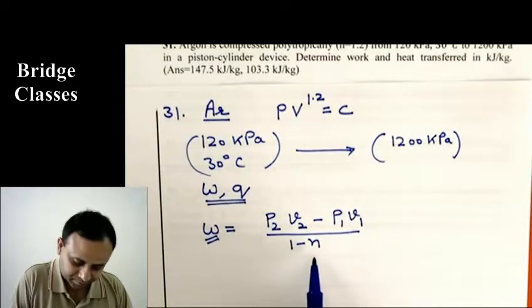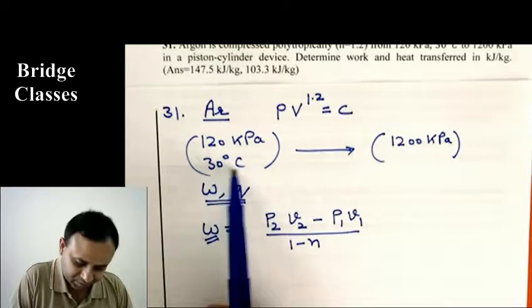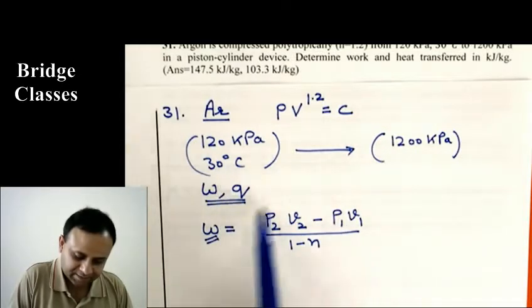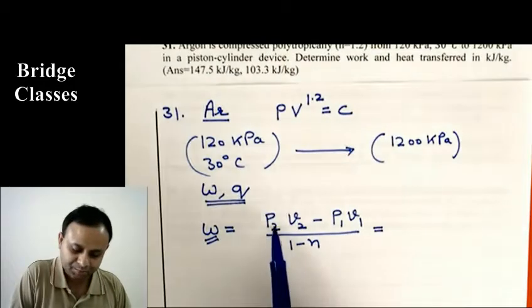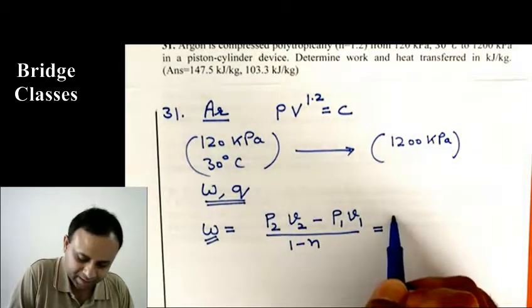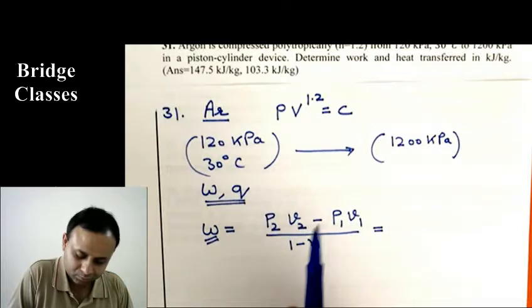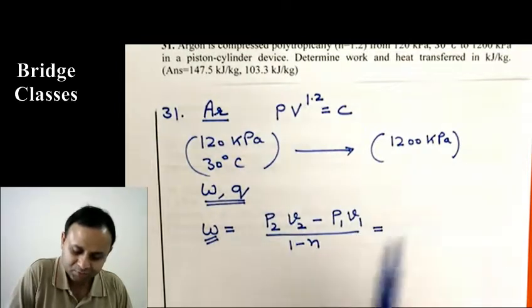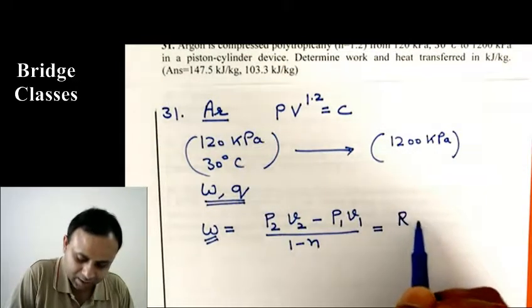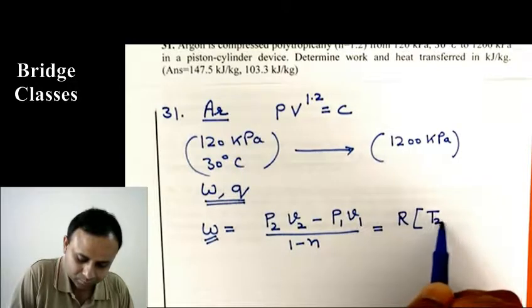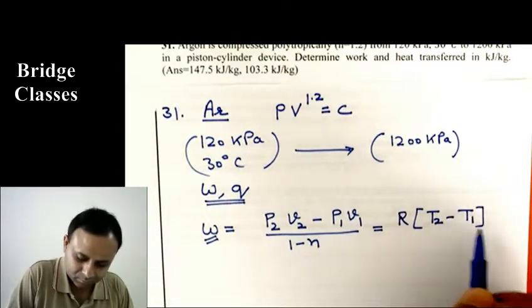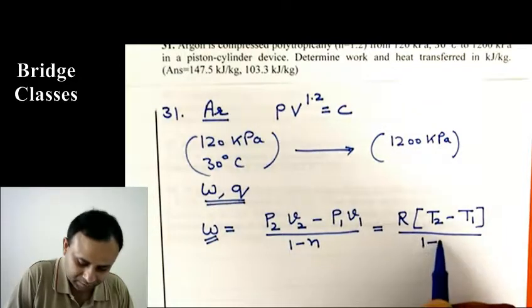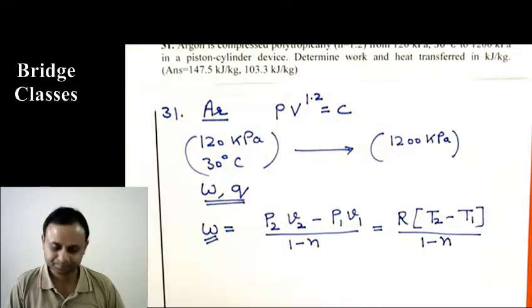n is given and we have T1. The easiest way to do this is to use the ideal gas law. P2V2 is mRT2, but not m here. This is specific volume, so this will be RT2, and P1V1 is RT1, over 1 minus n.